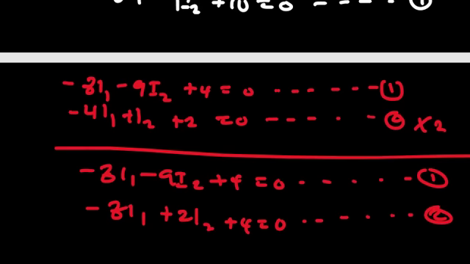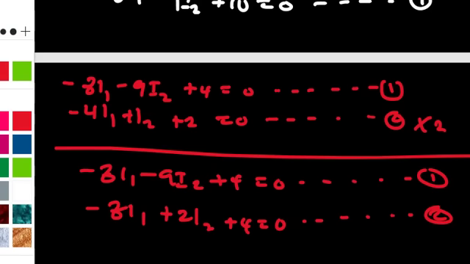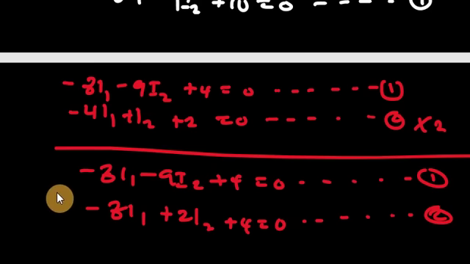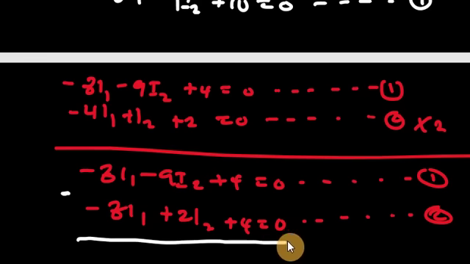So going further, we can now eliminate. If we eliminate by subtracting this from this, we have minus 8I1 minus, this is minus minus plus, so this becomes 0.